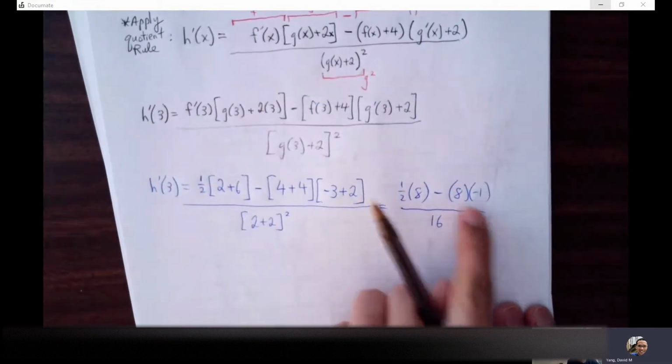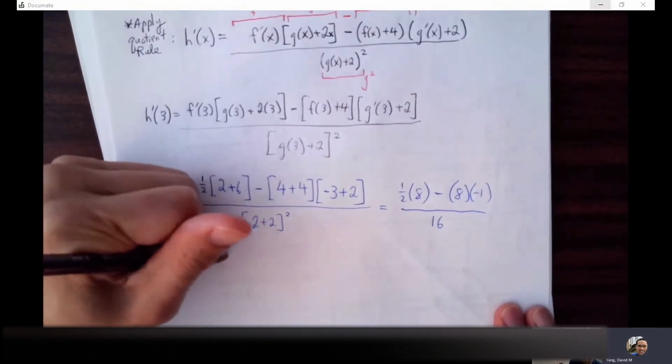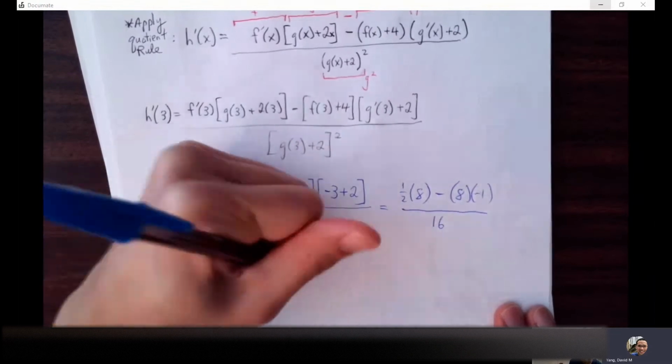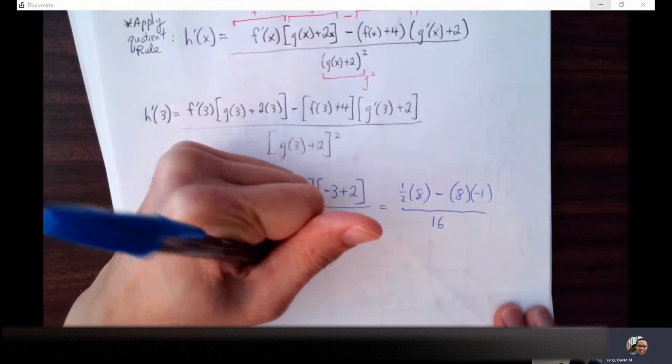So I get 4 plus 8 is 12, which reduces to just 3 over 4.